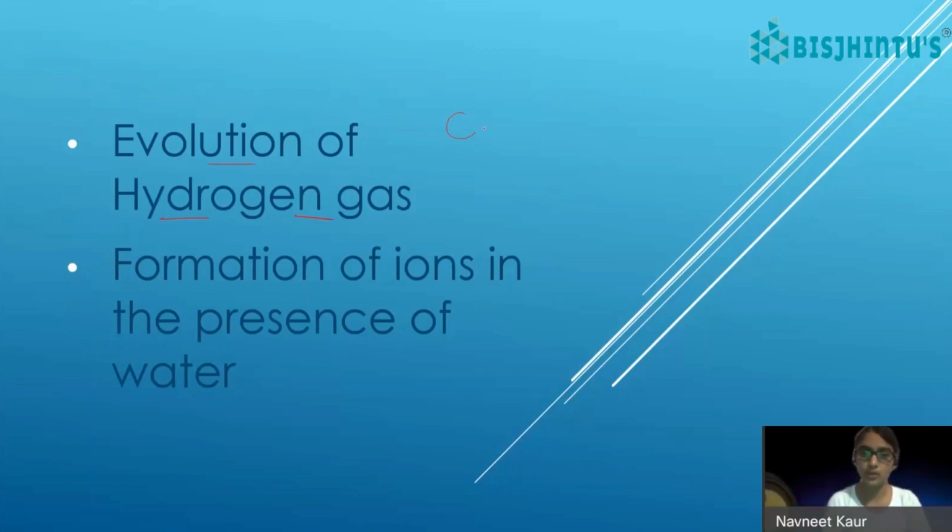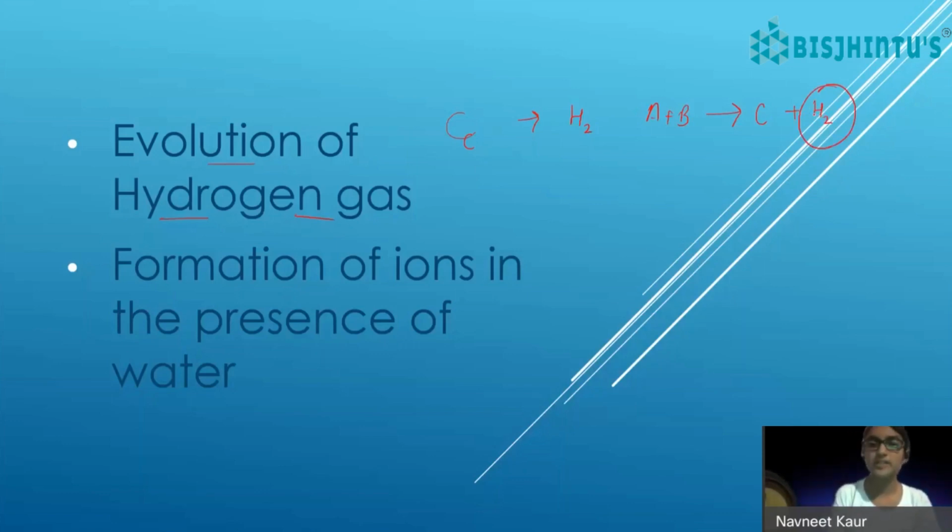There we read about the evolution of hydrogen gas. Basically, evolution is the release of hydrogen gas. In general we can think of A plus B gives another compound C plus H2. This H2 is called release of hydrogen gas or evolution of hydrogen gas.